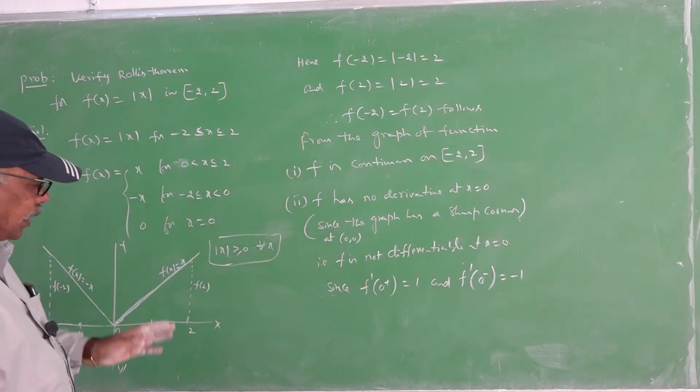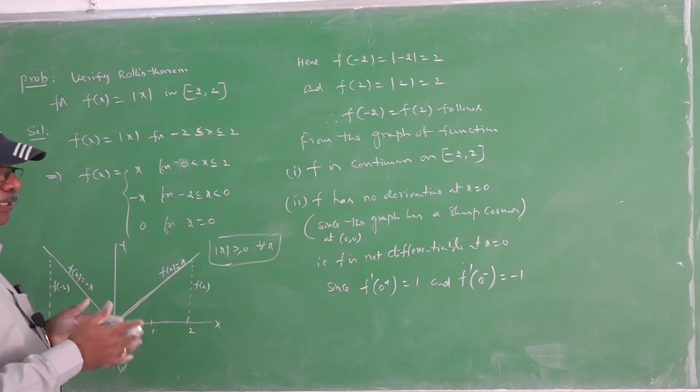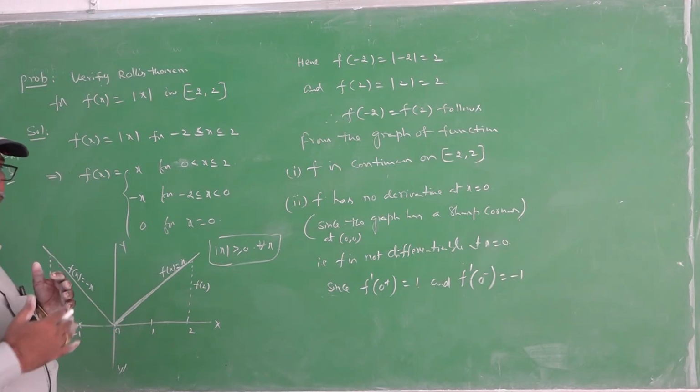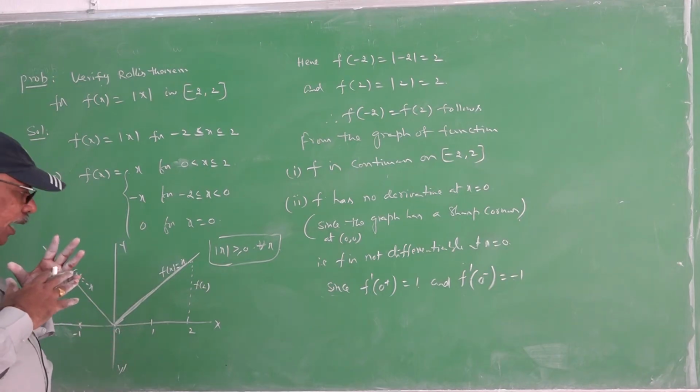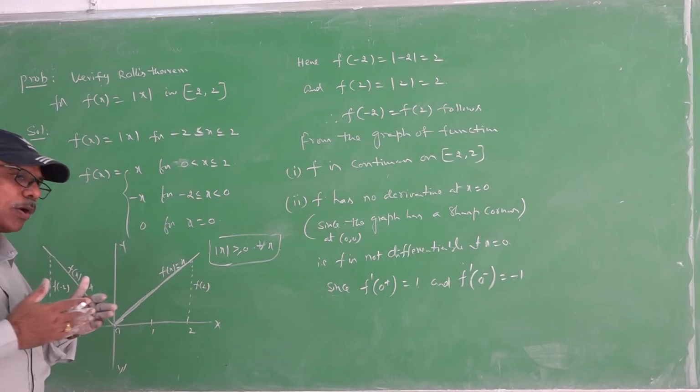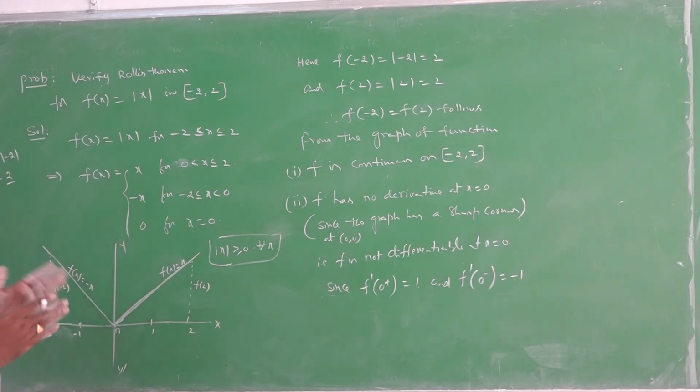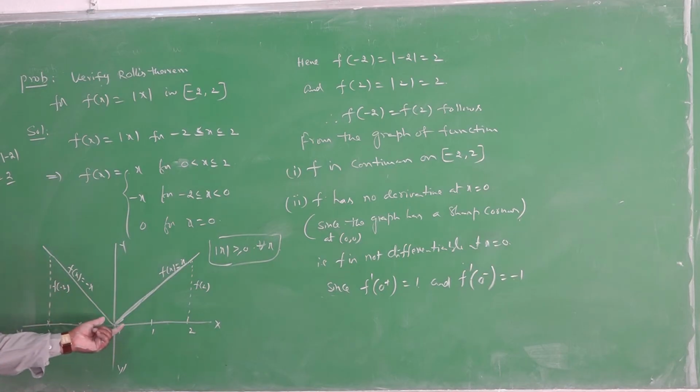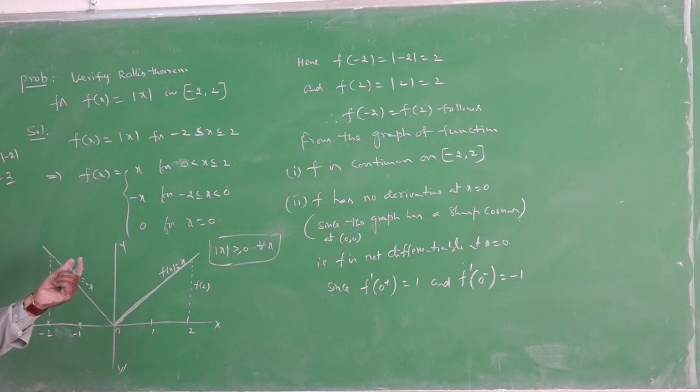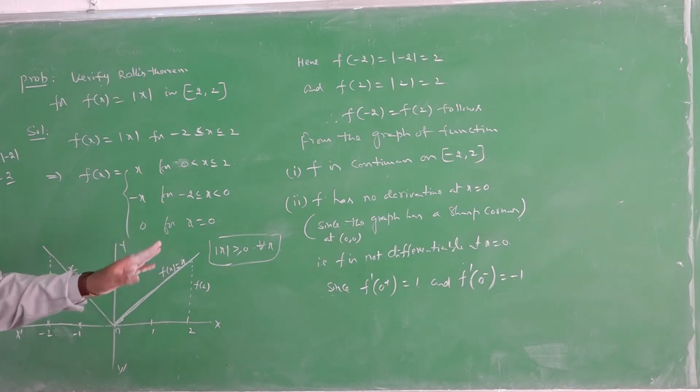Graphically, you can say it like this. If the graph of the function has a sharp corner or conical corner in the given interval, then at that particular sharp corner the function is not differentiable, because the right derivative is different from the left derivative.